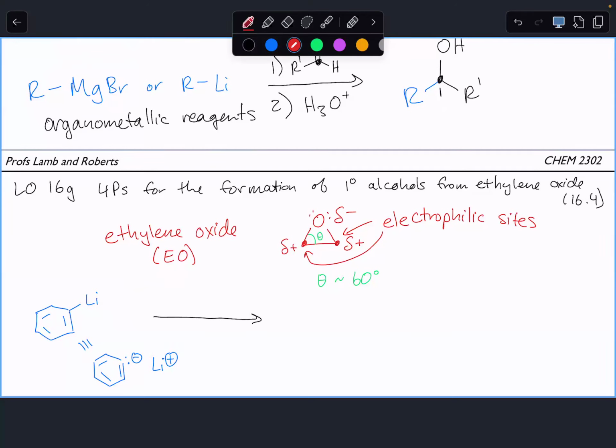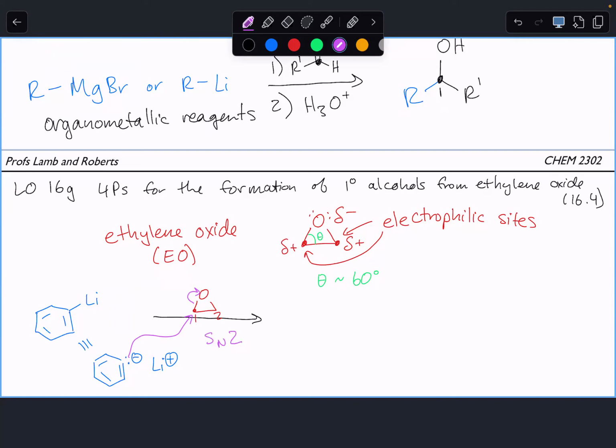And then we're going to react this with ethylene oxide. Okay, so again, we have these two carbons. They are both electrophilic, so I'm just going to choose to attack the one carbon. It doesn't matter. Our nucleophile is going to attack our electrophile, and we're going to release the ring strain by breaking the carbon-oxygen bond. So this is an SN2 reaction.